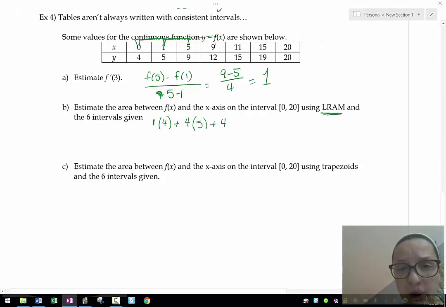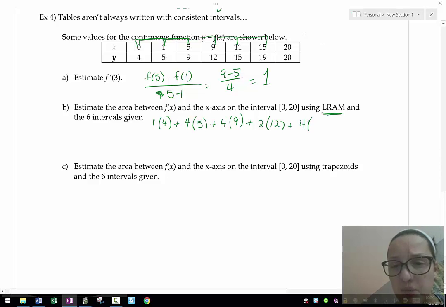Then 5 to 9 is 4 again, and I'm going to use the height at 5. 9 to 11 is a base of 2 with a height of 12. 11 to 15 is a base of 4 with a height of 15, and 15 to 20 is 5 times 19.